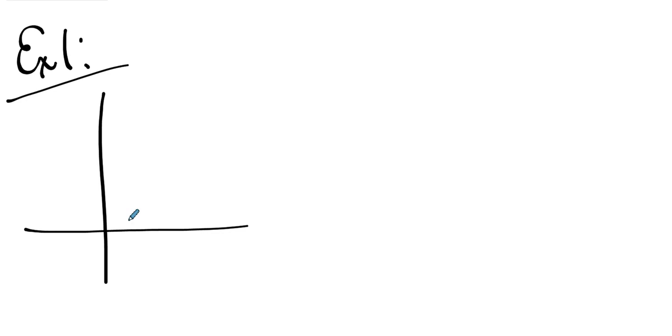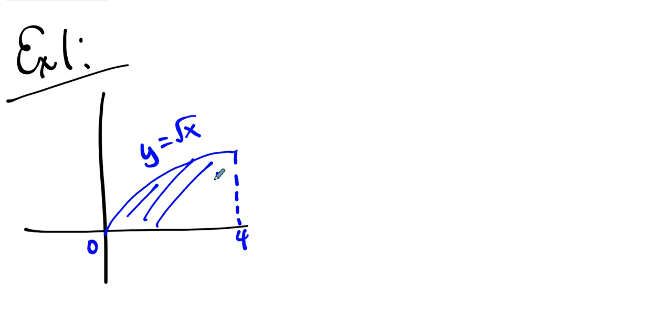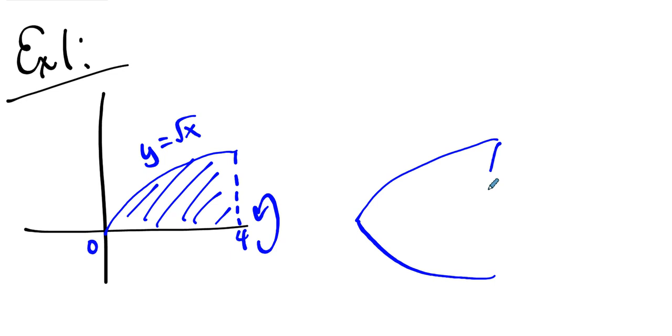We imagine that you take the curve y equals square root of x from 0 to 4. You take this region and you revolve it about the x-axis. It makes some shape like this, and you're looking for the volume of that shape.